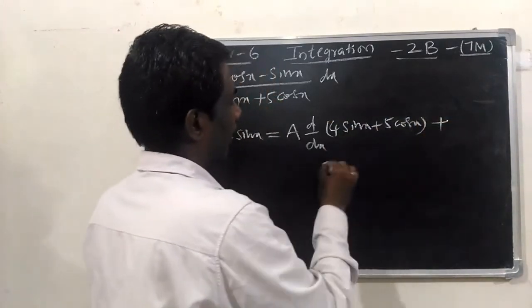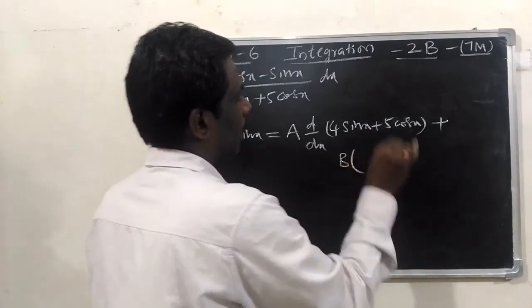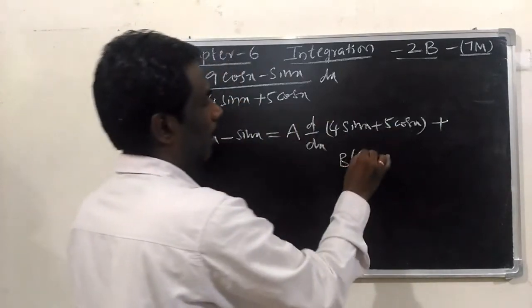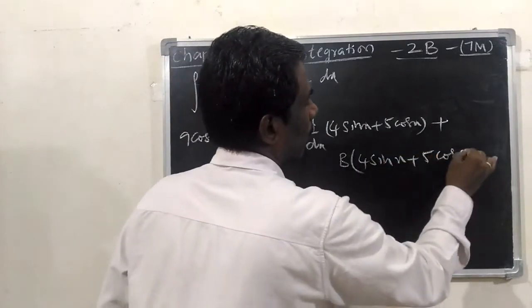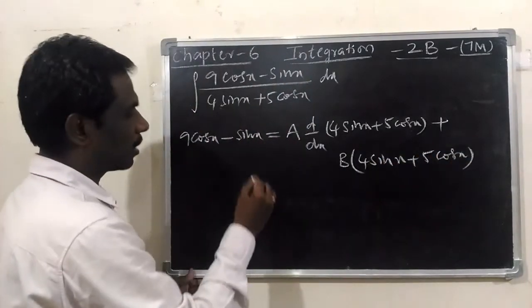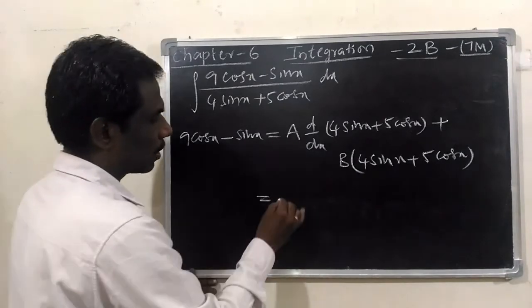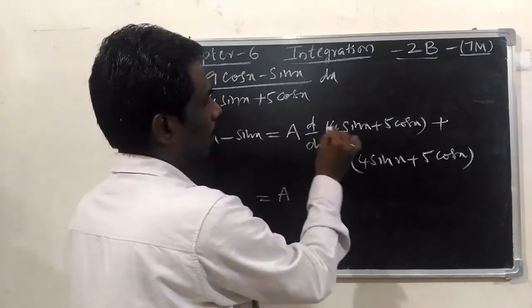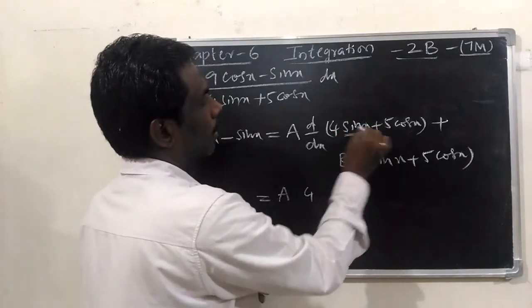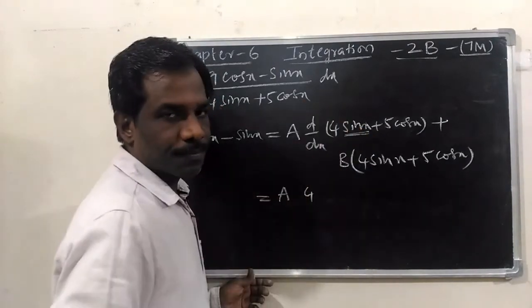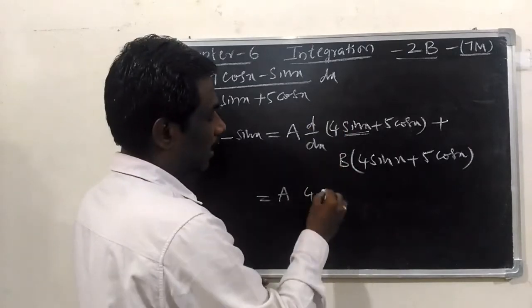plus b into denominator. What is the denominator? 4 sin x plus 5 cos x. So it is equal to a into, the 4 as it is, d by dx of sin x. Differentiation of sin x is cos x.